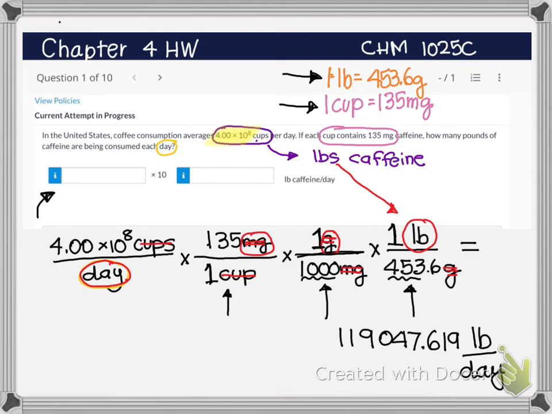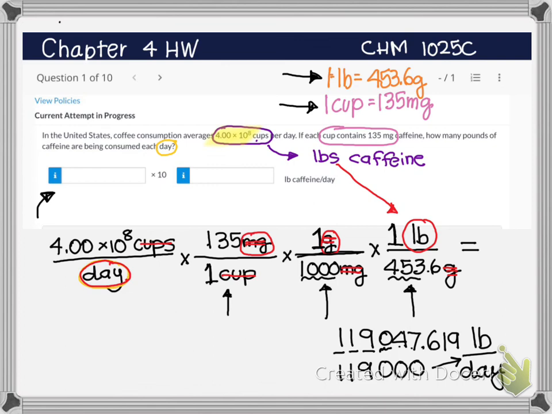The zeros count because of the decimal. So I want 3 significant figures, 1, 2, 3. So I'm going to drop these 3 digits, and I'm dropping a 0 first, so it's going to keep the number the same. So I have 1, 1, 9, and then 0, 0, 0, and that's pounds per day.